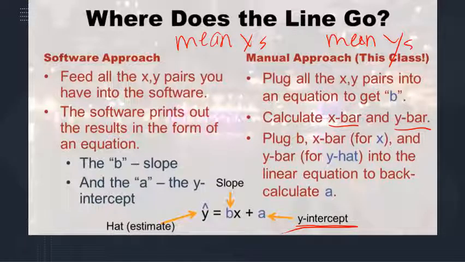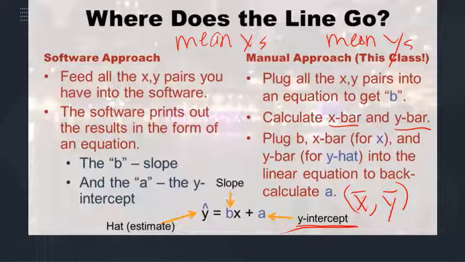Okay, and that's very important because when you calculate the mean of both, x bar comma y bar, this pair is actually on the line. Okay, it's on the actual line.